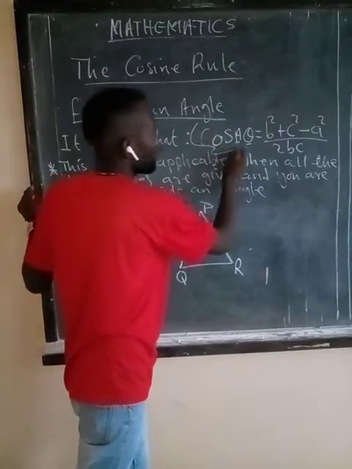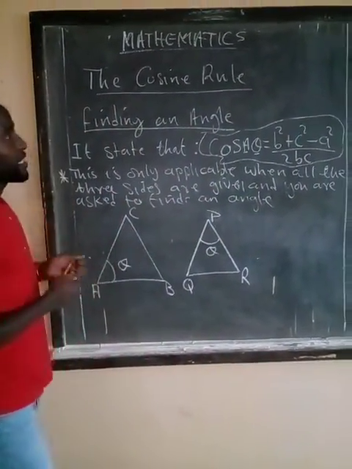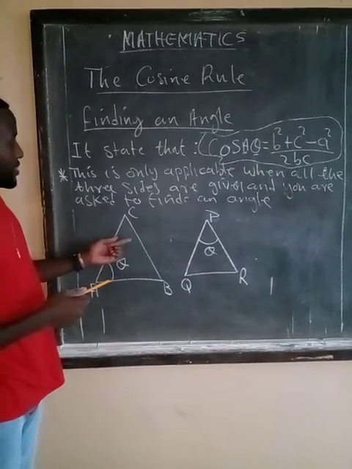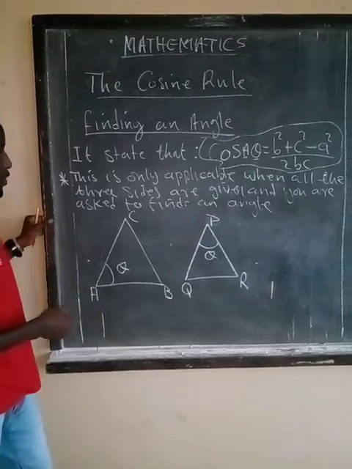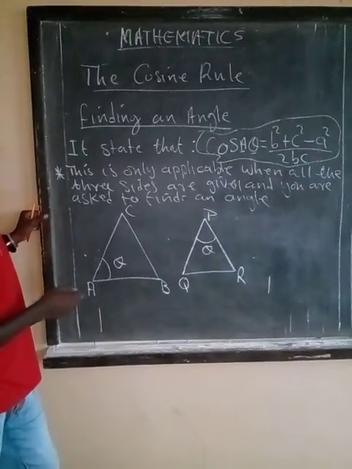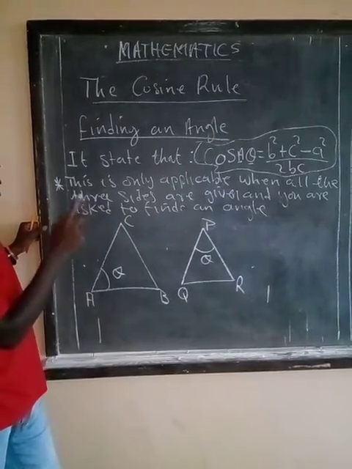So this is the formula that you are going to use when finding a triangle whose sides are given and you are asked to find an angle. And the key point here is, how do I use this formula? You use it in this kind of a triangle.